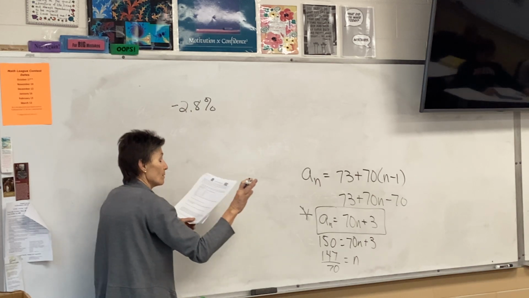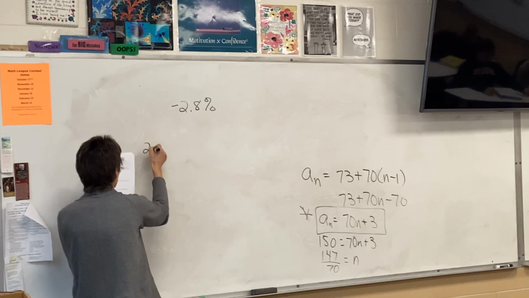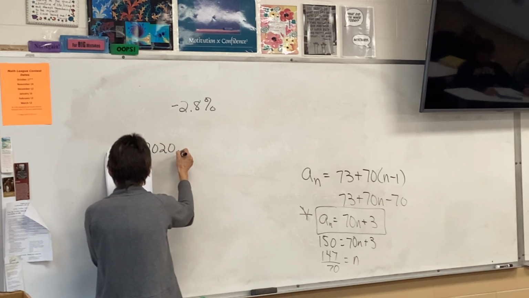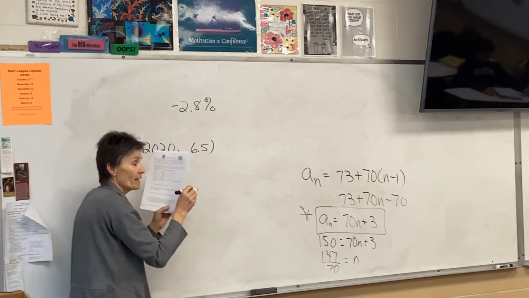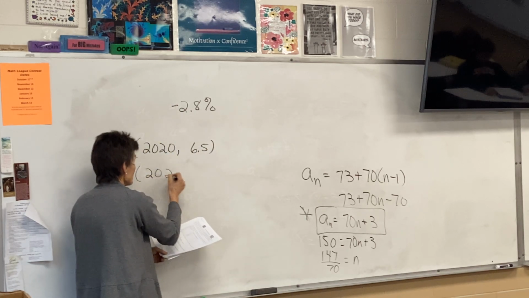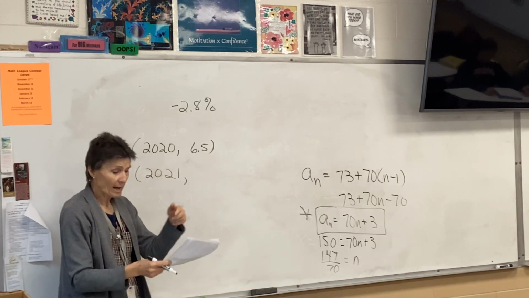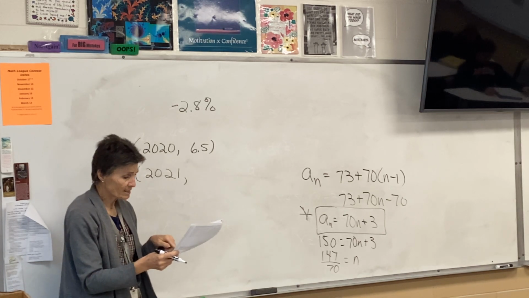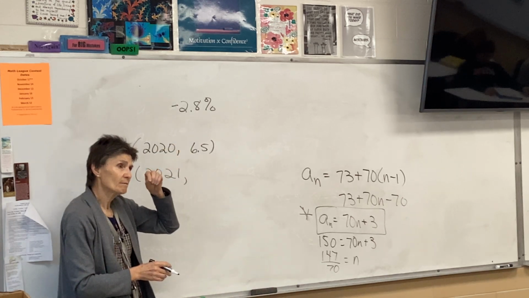Okay, now, be careful, don't make this harder than it is. In 2020, we had 6.5 billion. And we wanna know 2021, isn't that just the very next term? And how do we get from term to term? Here it says, we decrease 2.8%.